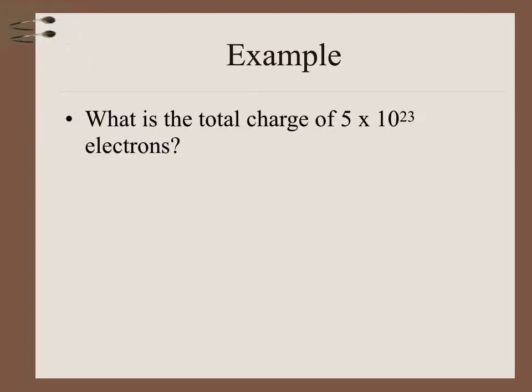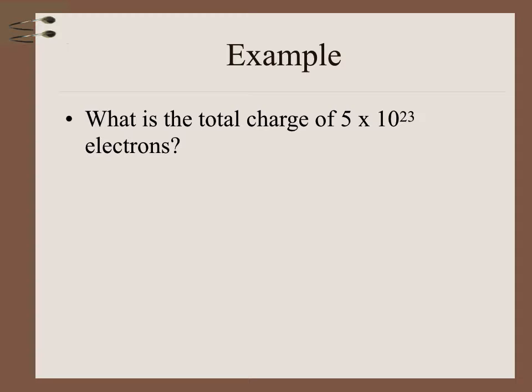For our first example, we want to figure out what the total charge is of 5 times 10 to the 23rd electrons. Now normally we have a formula. In this case, we're not really going to work with a formula, but more with an idea. Let's take a look at a different example first.